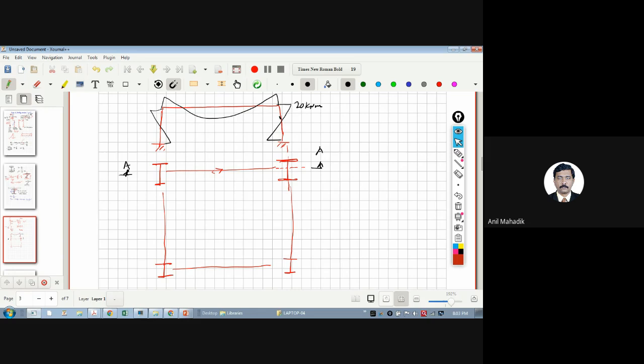There is axial force in the column P, any value you can take. And if I draw a section in this direction, let's say section BB, I want to draw the frame here in this direction.